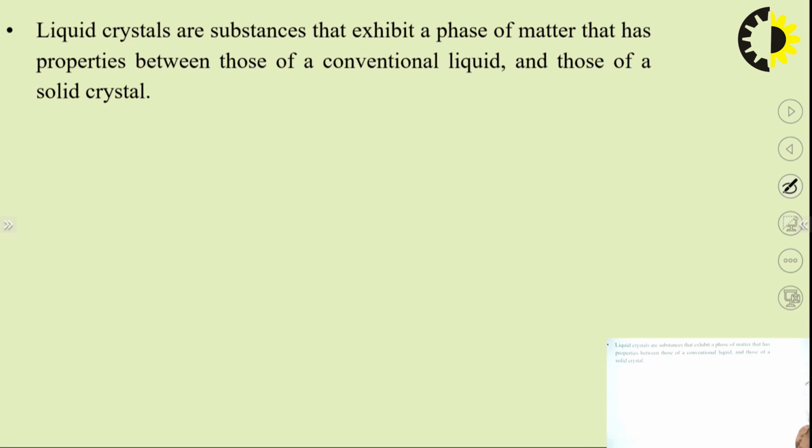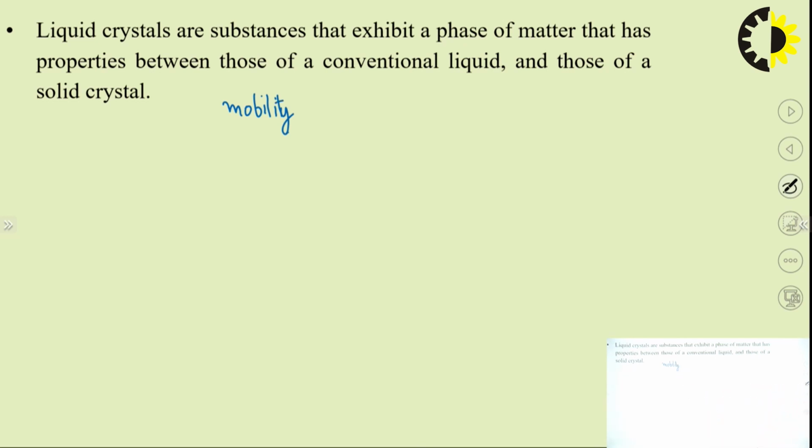Now I am going to explain more about liquid crystal. Liquid crystals are substances that exhibit a phase of matter that has properties between those of a conventional liquid and of a solid crystal. Now think about the properties of a conventional liquid. The liquid has mobility. So we can say very easily that our liquid crystals are going to be mobile.